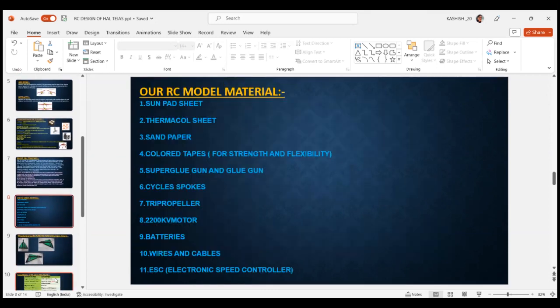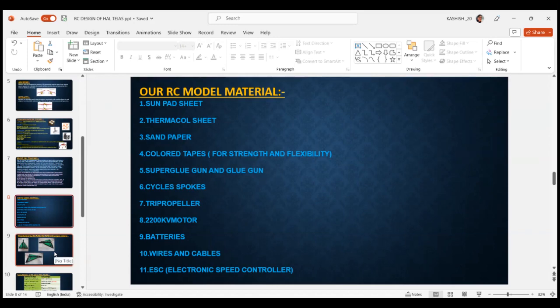Our RC model material is sunpack sheet, thermocol sheet, sandpaper, color tapes, super glue gun, cycle spokes, tri-propellers, a 2200 kV brushless motor, batteries, wires and cables, and ESC, electronic speed controllers.